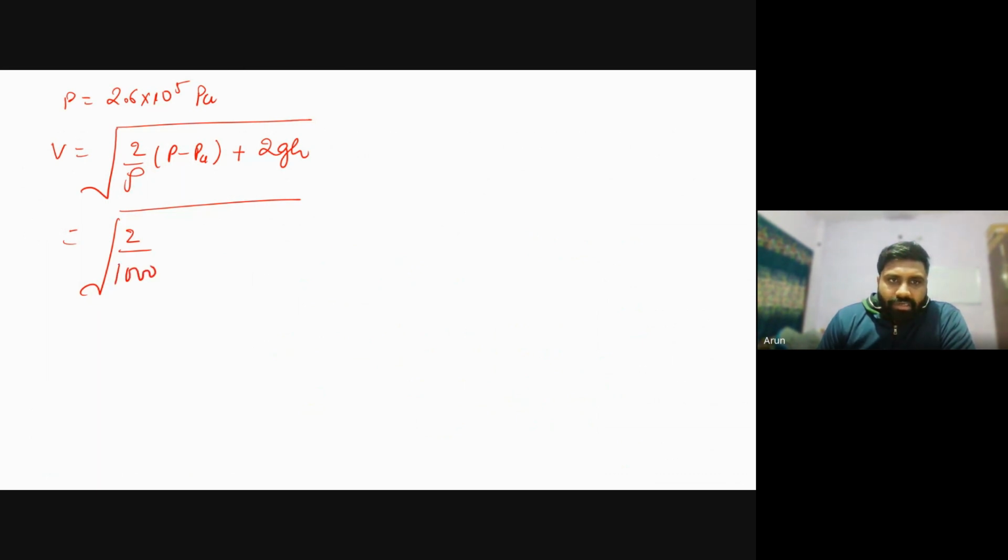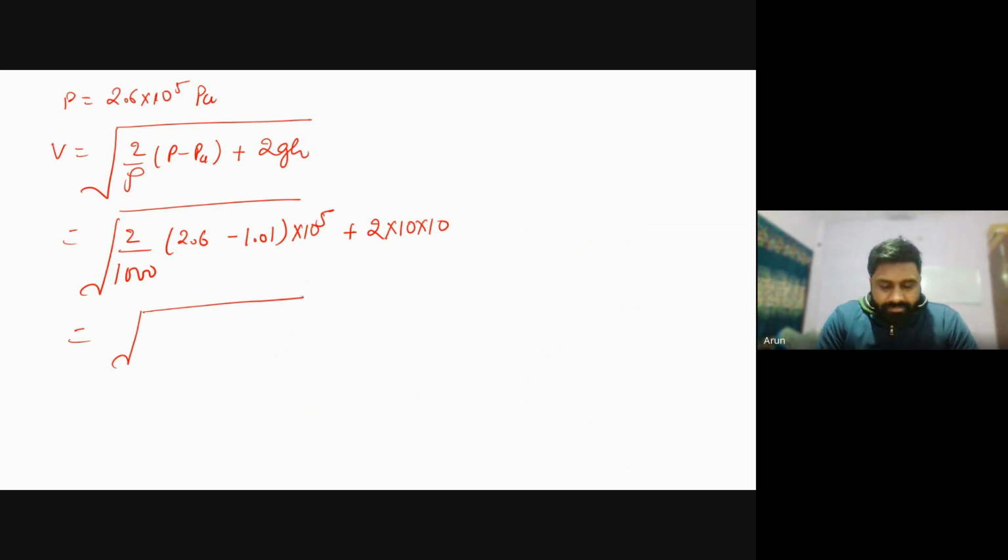So you will put 1000 here, times (2.6 minus again 1.01) into 10 raised to the power 5, plus 2 times 10 into 10. So this will become, just a second, multiply with 2.